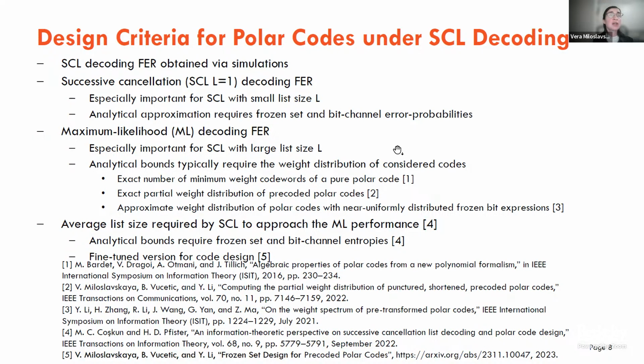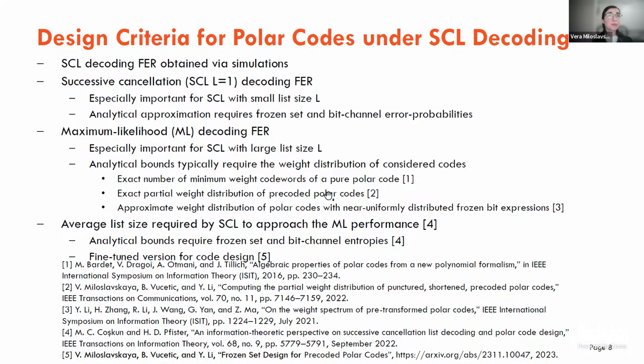On the other hand, we know that SCL with a large list size can approach maximum likelihood performance. And so we are looking at bounds for maximum likelihood decoding. The most widely known bound may be the union bound. This type of bound uses the weight distribution. In general, for linear block codes, computation of the weight distribution is a very complex problem. However, for some types of polar codes, we have efficient methods.